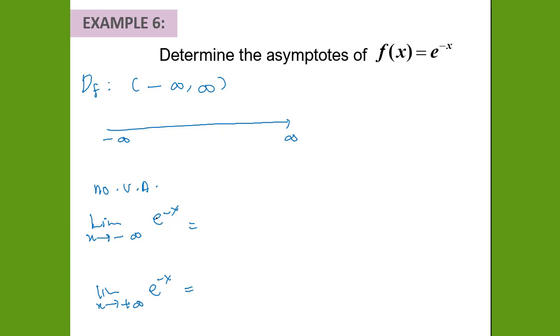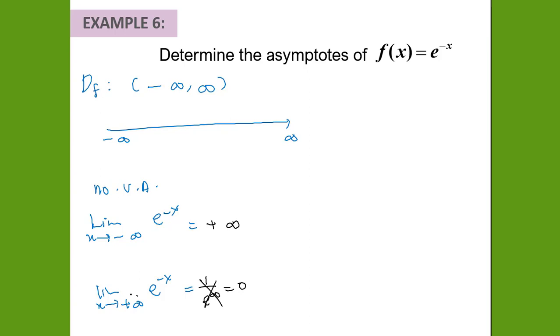Here is e to the power of negative, negative infinity, so the answer is positive infinity. For this one, substitute positive infinity: e to the power negative infinity equals 1 over e to the power infinity, which is equal to 0. You don't have to write down this one.